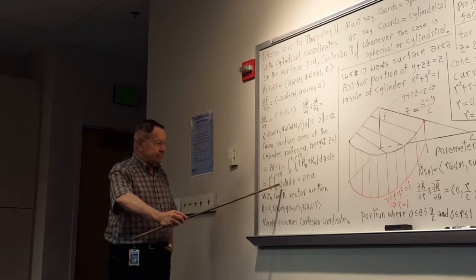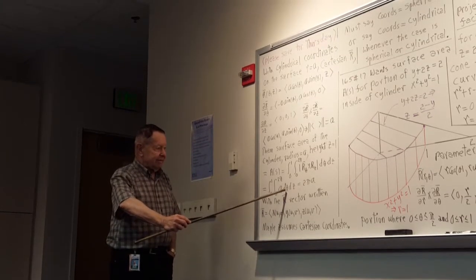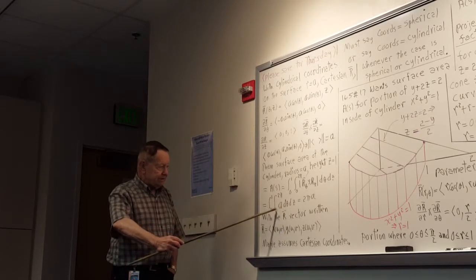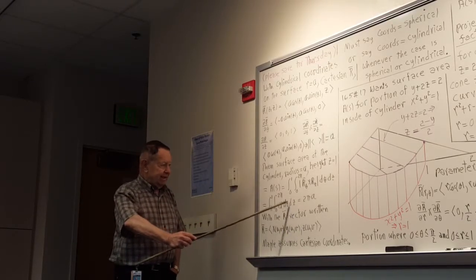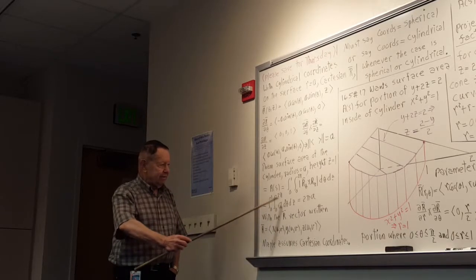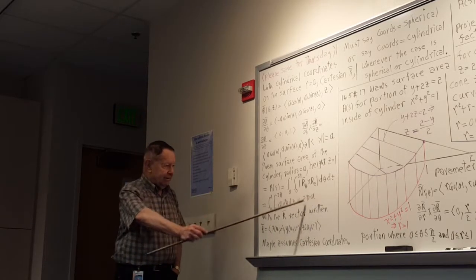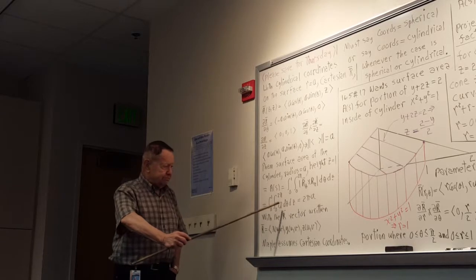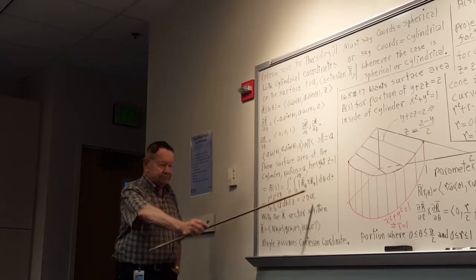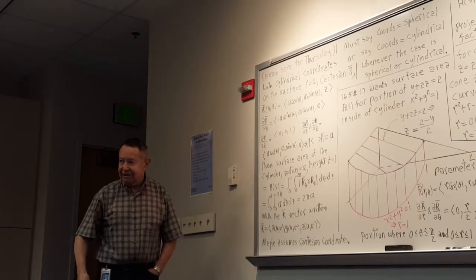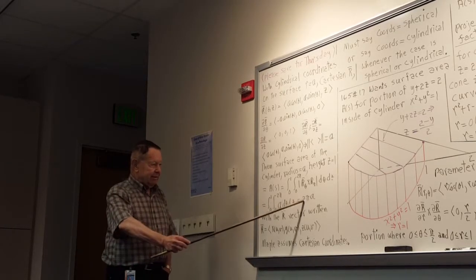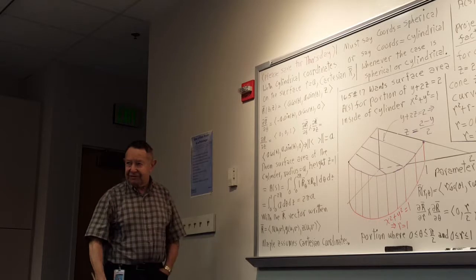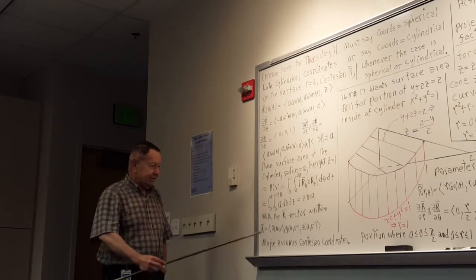And so when you integrate with theta, 0 to 2 pi, you get the 2 pi. The z, if it's just height 1, just gives you a 1, and then the a comes from your projection factor, or coordinate ratio. And this would be the correct formula for the surface area on the cylinder.